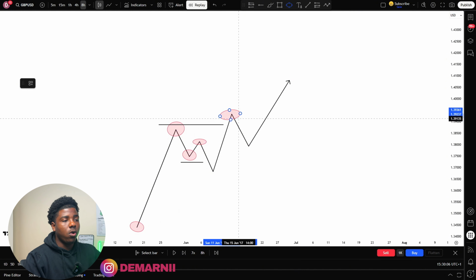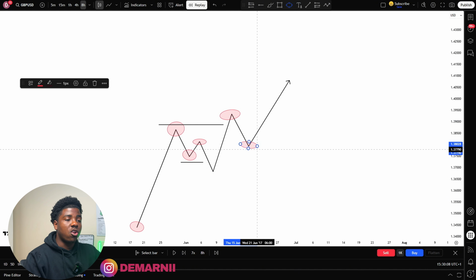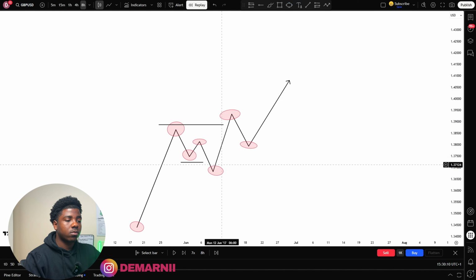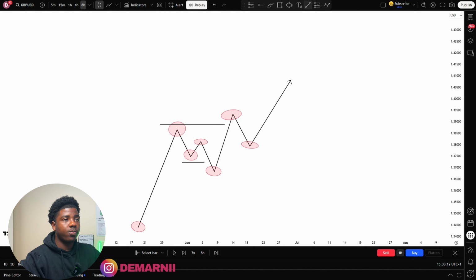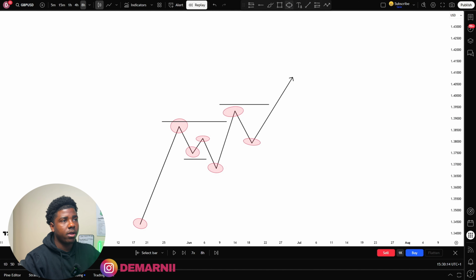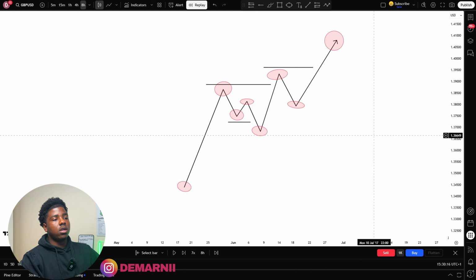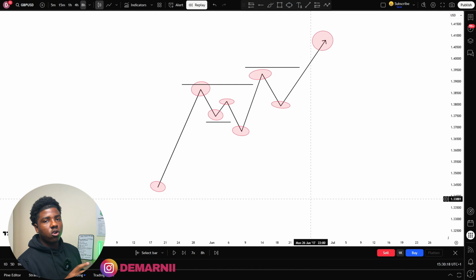We create a new higher high. We create a new lower low. And then we push back up and create a new higher high all the way up here. So it doesn't look super straightforward and super perfect, but this is still a bullish move overall.